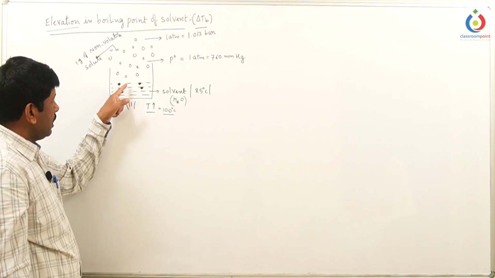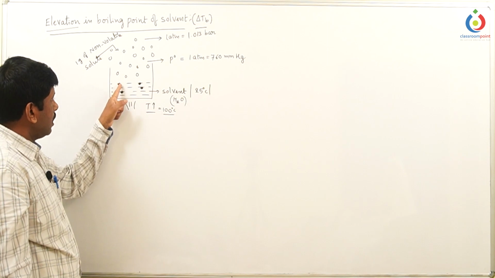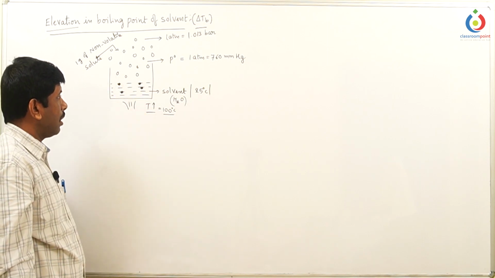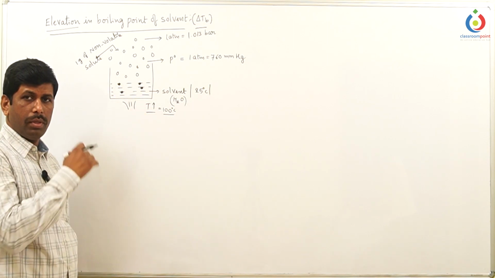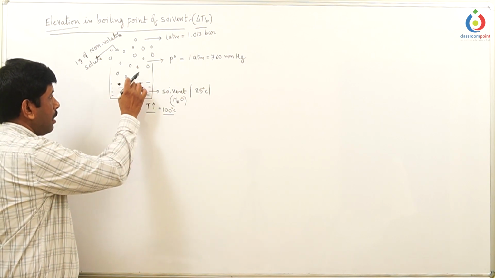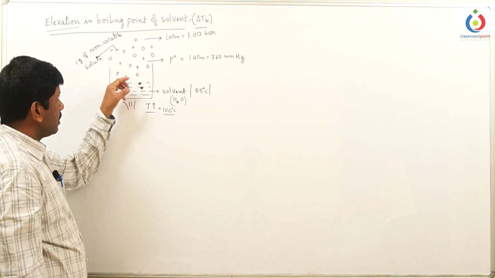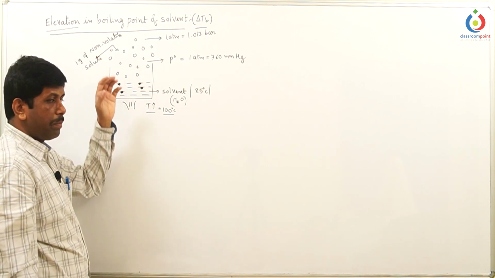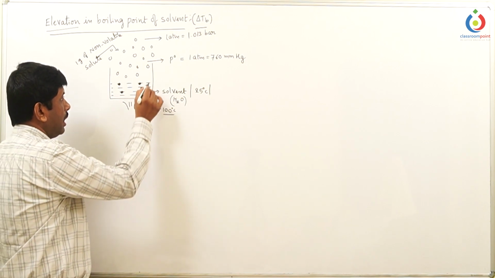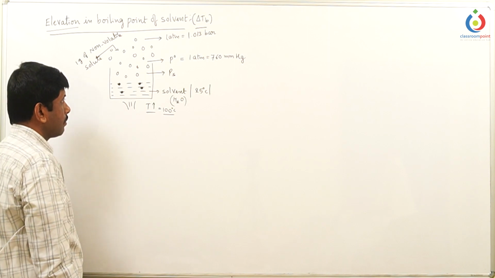So during vaporization, only solvent molecules participate, and the solute molecules are occupying the surface area. So the vaporization process decreases, because solvent molecules decrease, and vapor pressure also decreases. That vapor pressure is known as the vapor pressure of the solution.